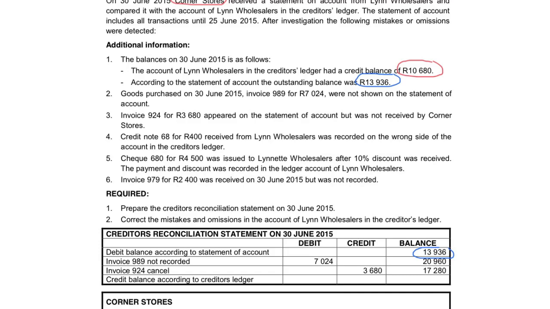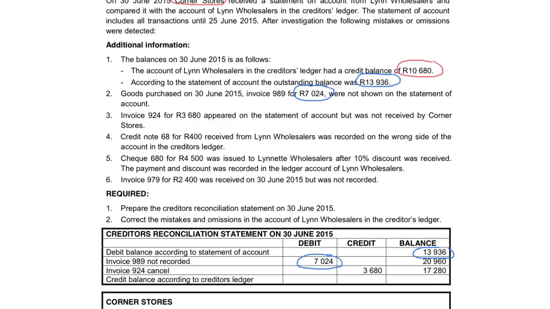So for this 7,024 rand, they still have to record in their books. Now remember, in their books, they will treat Corner Stores as a debtor. So when they sell goods, they will record it on the debit side because it must increase the outstanding debt.